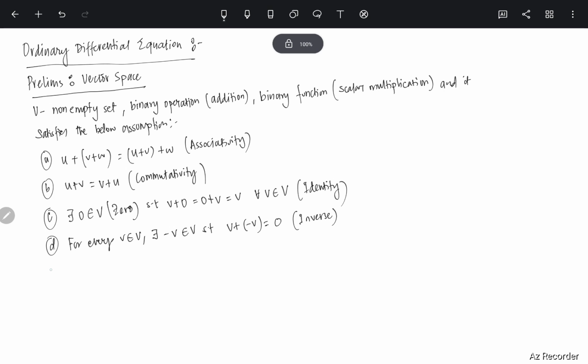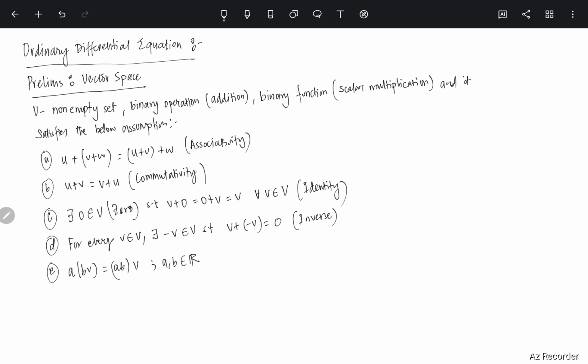And then the other properties which we need are for scalar multiplication. So A times (B times V) should look like (AB) times V. Here A and B are in R, or whatever field you are choosing.